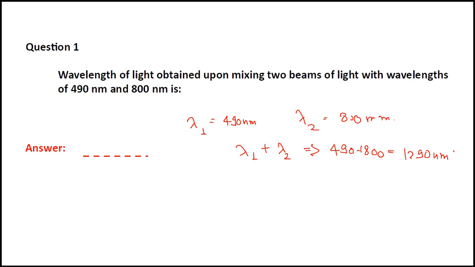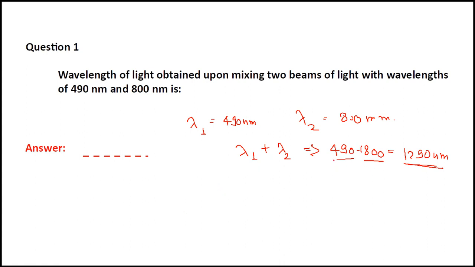Basically, if you sum up light of 490 nanometer and 800 nanometer, you would get light with a wavelength of 1290 nanometer.